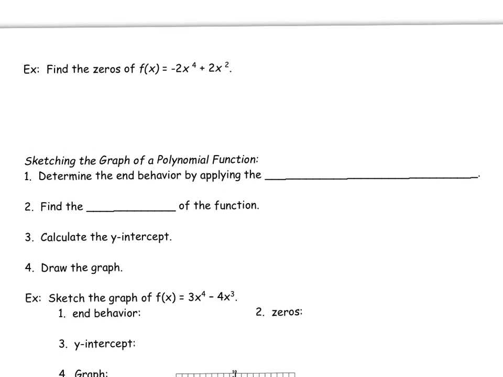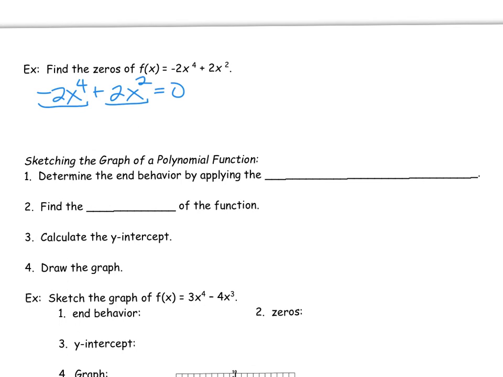Find the zeros of f of x equals negative 2x to the 4th plus 2x squared. So the first thing we want to do is take this function and set it equal to 0. And then the next step is to try to factor completely. Taking a look at that first term and the second term, they have a pretty big common factor.